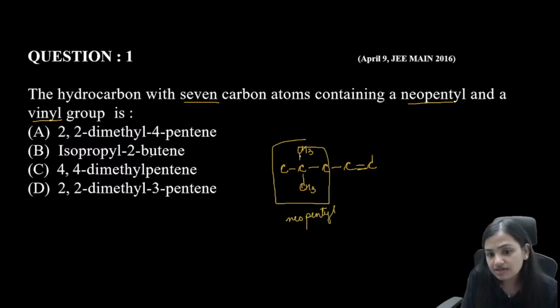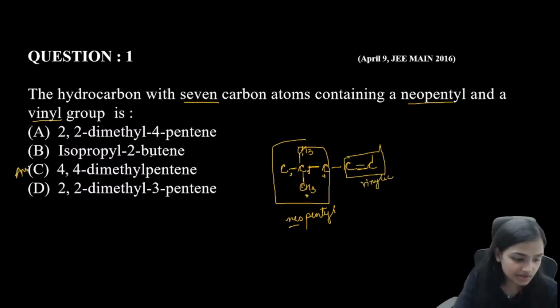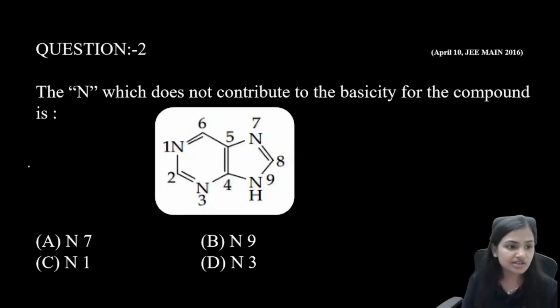How neo? It is 4 degree: 1, 2, 3, 4, 4 degree. That's why this is neopentyl. There are a total of 5 carbons: carbon 1, 2, 3, 4, 5. And this is your vinylic group. So what is the right answer, guys? The right answer is option C. That is how easy this question is.